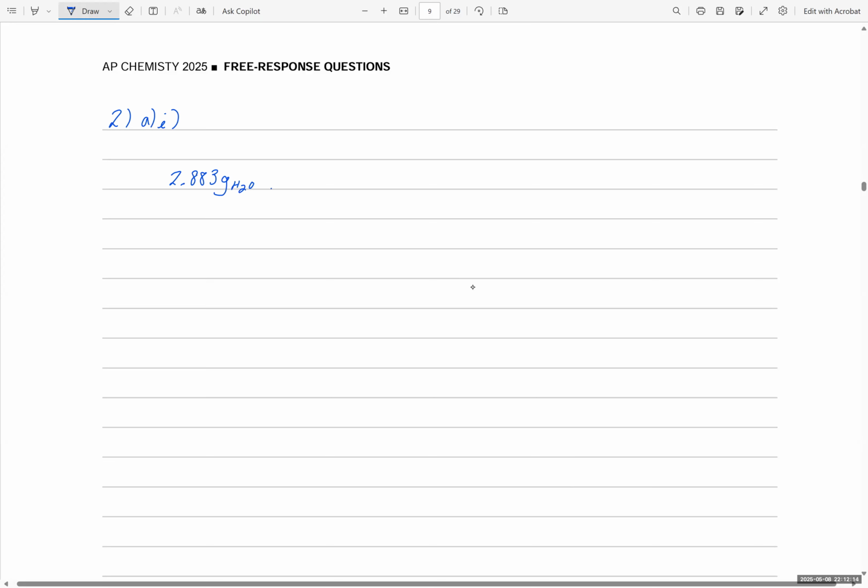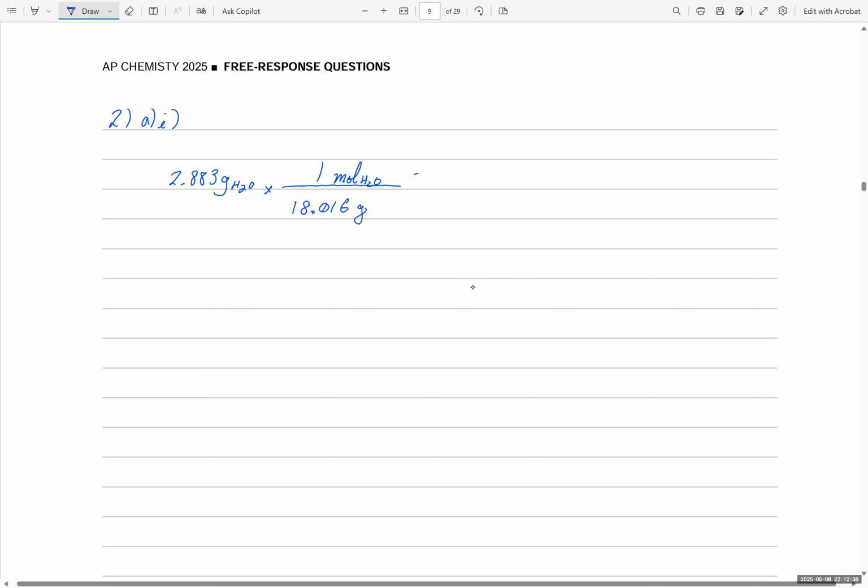And that's easy, because all we need is the molar mass of water. Hydrogen is 1.008, and oxygen is 16 according to the reference table. So that gives you a total of 18.016 grams per mole of H2O. And that's it, we're done.